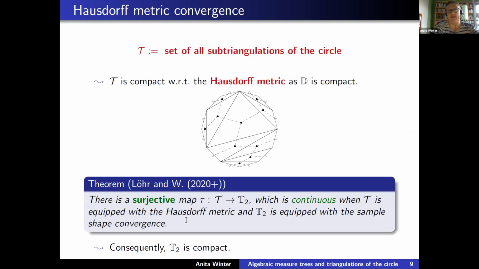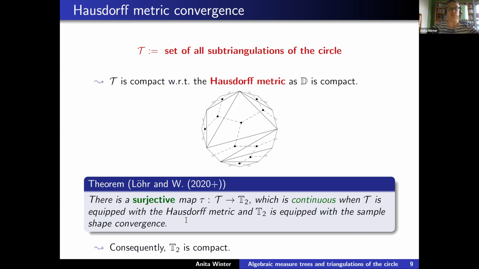So we now collect in calligraphic T the set of all subtriangulations of the circle, and then it's standard to conclude from the compactness of the unit disk that T must also be compact once it is equipped with the Hausdorff metric. And what we want to do, and did, is to transport this compactness of calligraphic T to our space of binary trees. For that, we proved the following deep result.